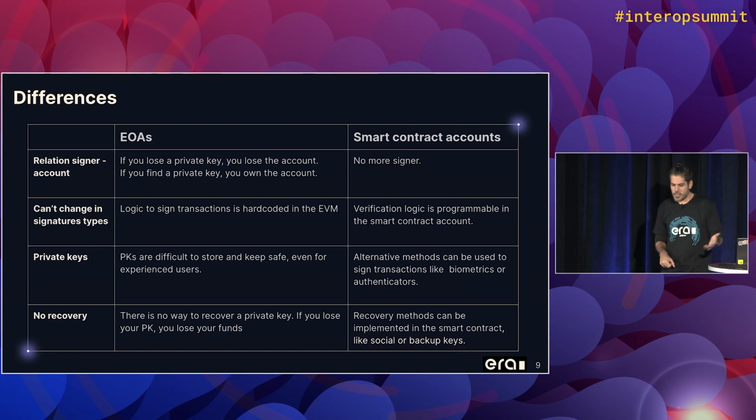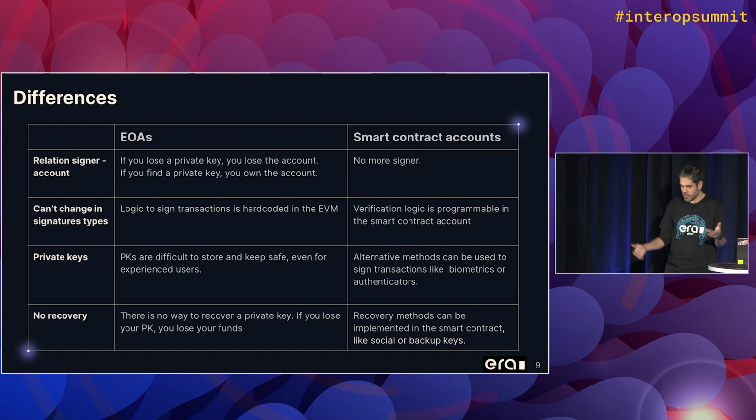Regarding the private keys, with externally owned accounts, they are difficult to manage in general, and with smart contract accounts, you can use different types of keys to sign your transactions. You can use biometrics, for example, or Google Authenticator, things like that. So you don't need to remember your 12-word seed phrase. And externally owned accounts, as we said, have no recovery at all.